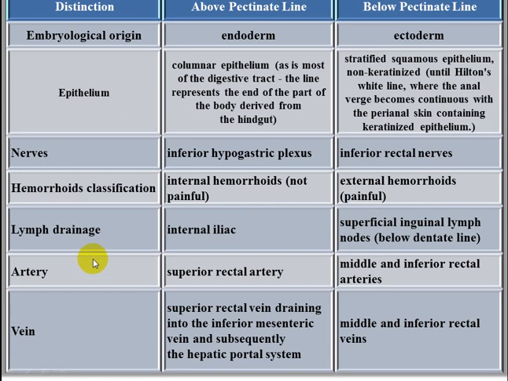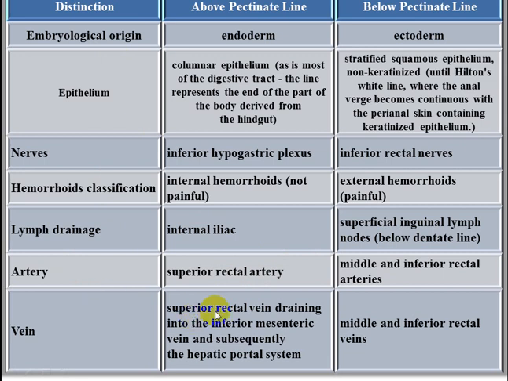Distinction also in arterial supply. The upper part is from the superior rectal artery, while the lower part is from the middle and inferior rectal arteries.